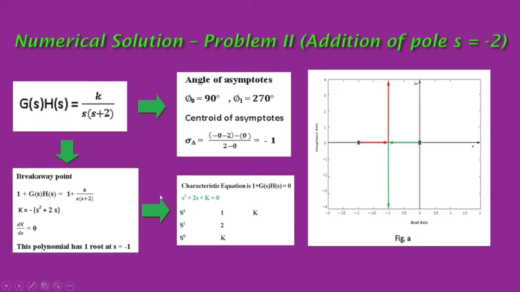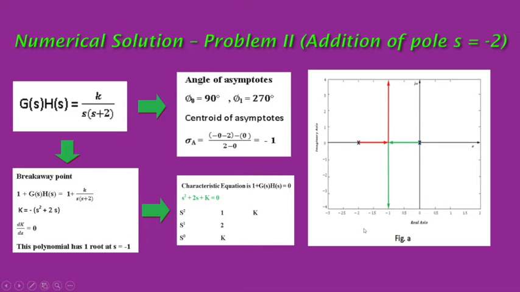Then you calculate the imaginary crossing point. So taking the characteristic equation and using Routh, this equation is s square plus 2s plus k equal to 0. So from this equation, find the value of k. But this is impossible. Consider the auxiliary equation.